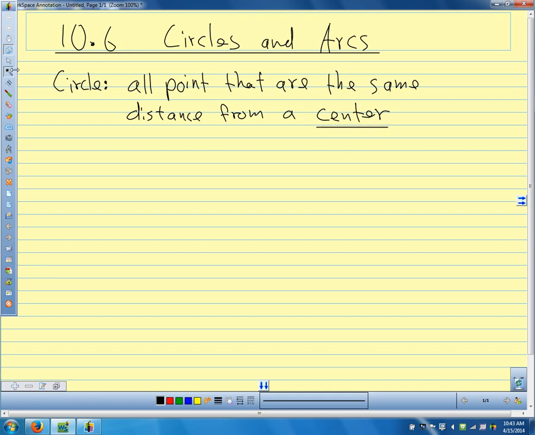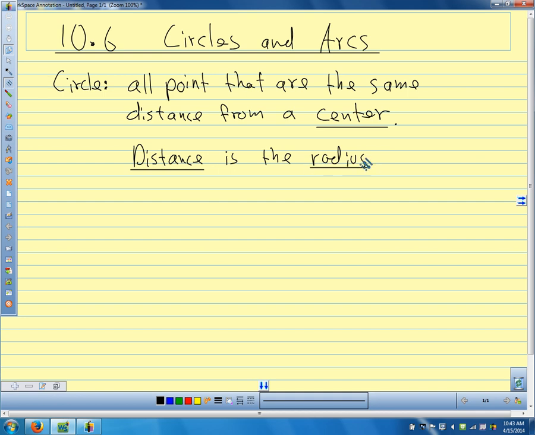And this distance, the distance our point is from this center, is the radius. So the distance is the radius of the circle.